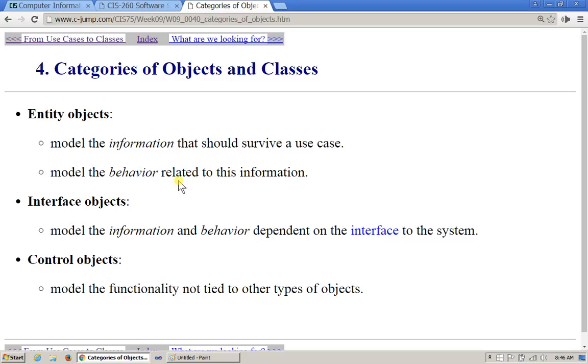So that state doesn't persist. For instance, we could have a method that solves a mathematical equation and finds a solution for a system of equations.